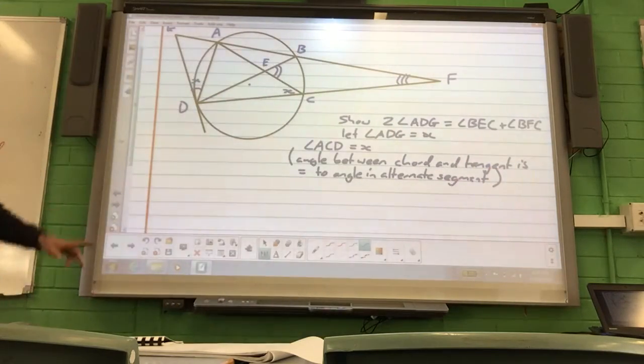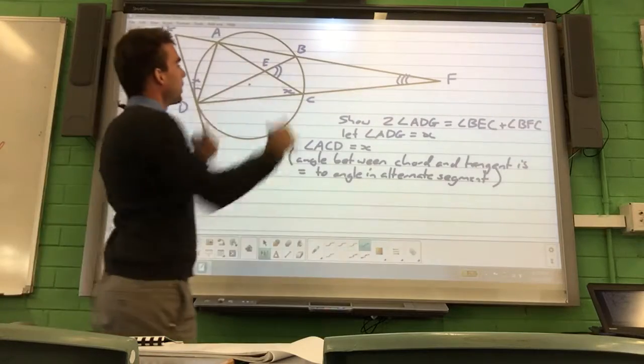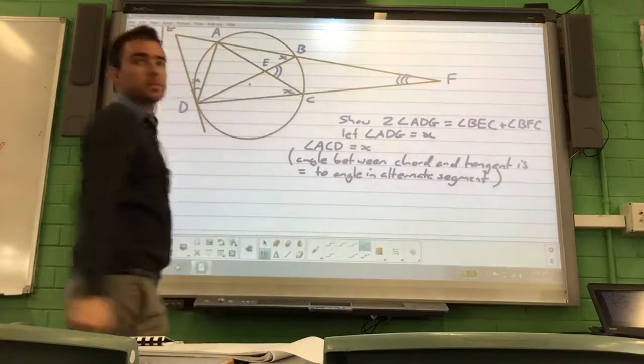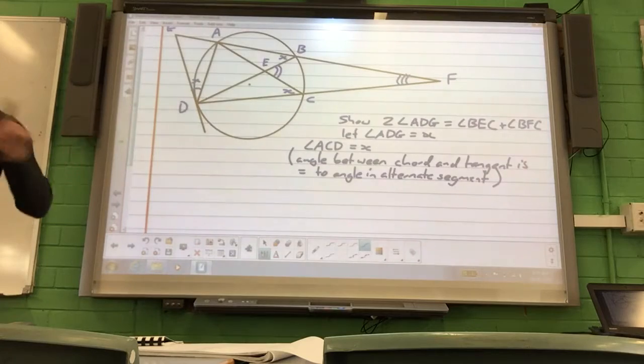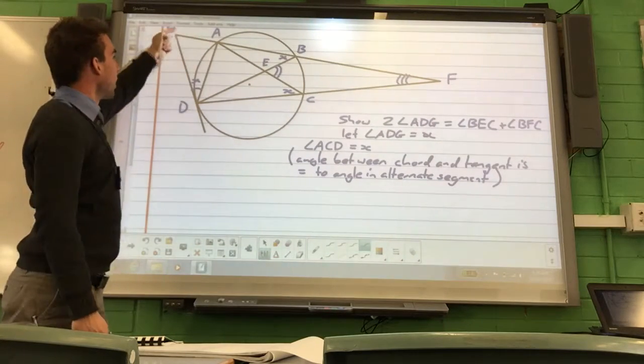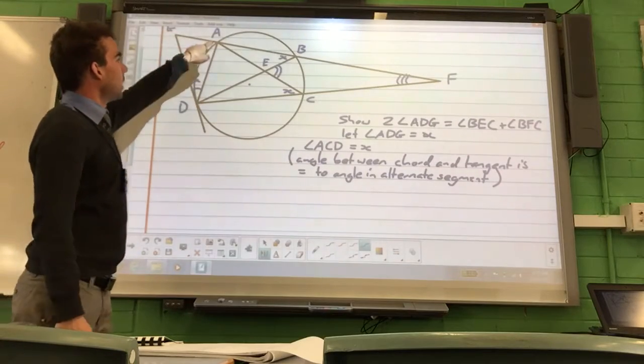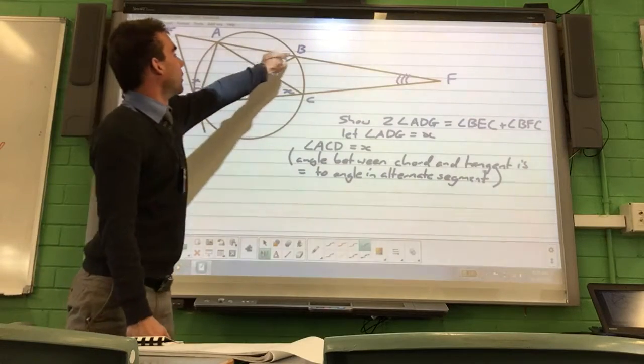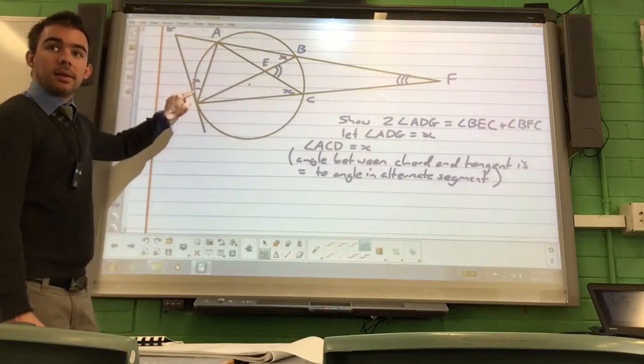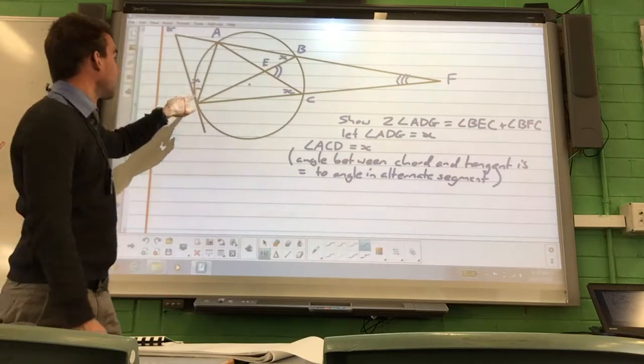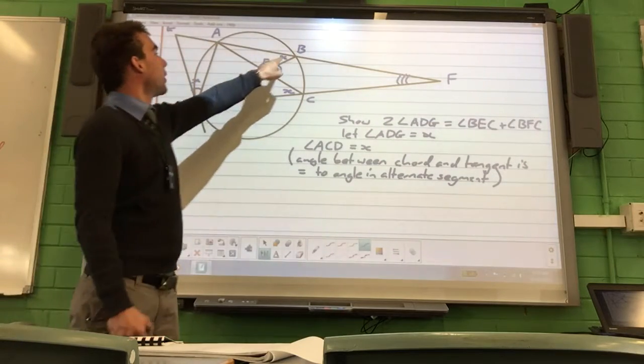Now, Michaela has noticed that this angle up here is also x. Alright, now, because of the butterfly wings, also angle between a chord and a tangent, you can form the triangle up here as well. Okay, you can form that top triangle.